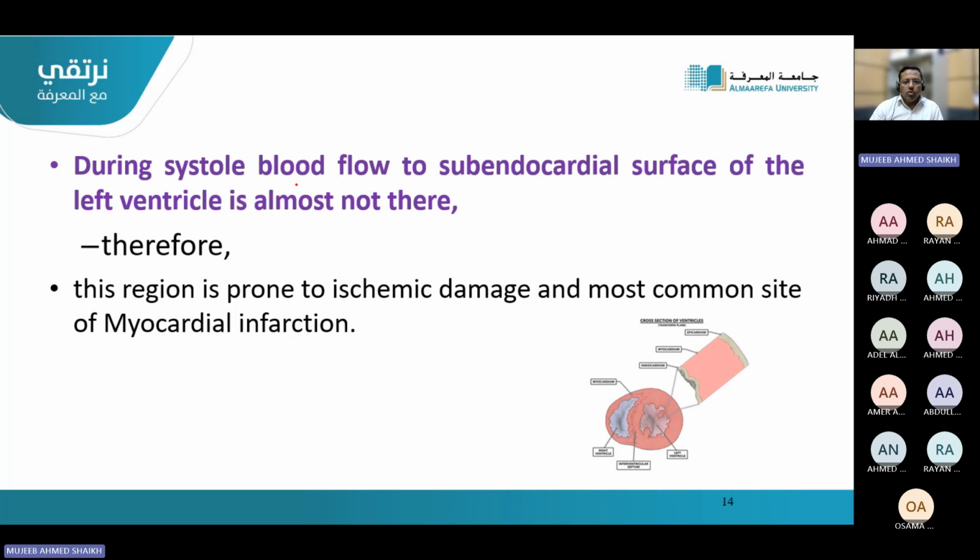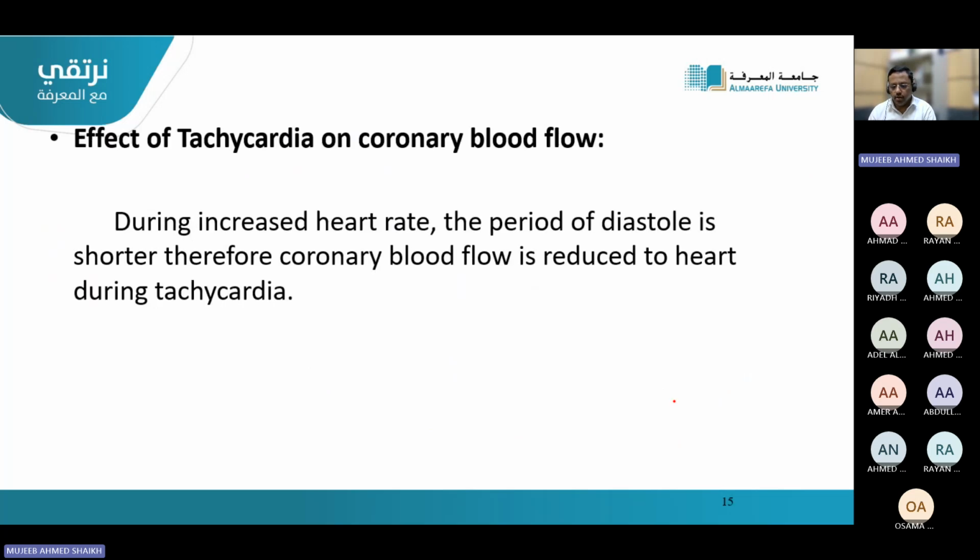So I told you that blood flow goes from the outside of the ventricle to the inside. If you remember the layers, first is the epicardium, then myocardium, and then after the myocardium is the endocardium or subendocardium.